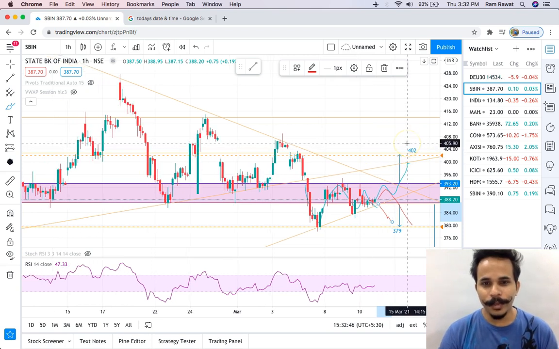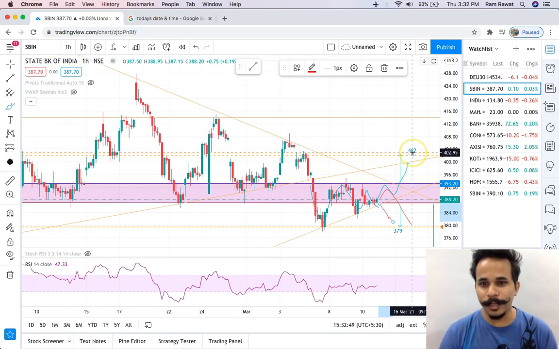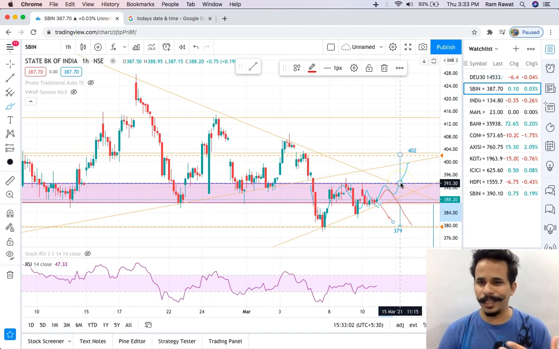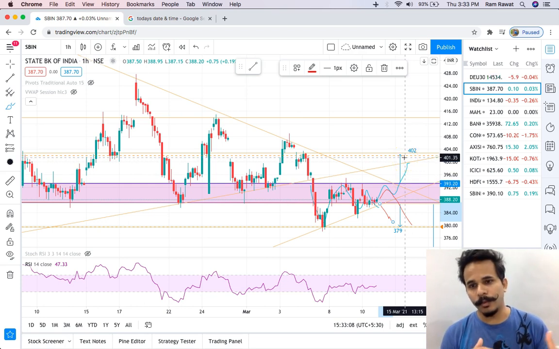So I would say this can be your first target for a bullish market. If you enter around 392, 393, you can sell it around 401, 402. So you can book a profit of around 8 to 10 points.